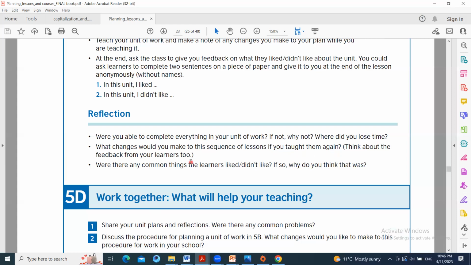Think about the feedback from your learners too. Were there any common things the learners liked or didn't like? If so, why do you think that was? Just think of them when you teach at school or in training time.